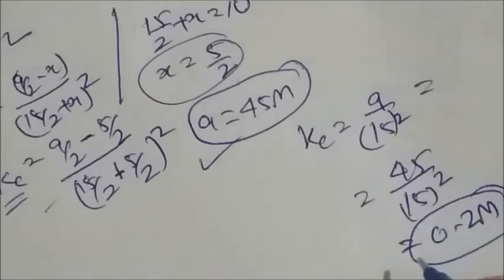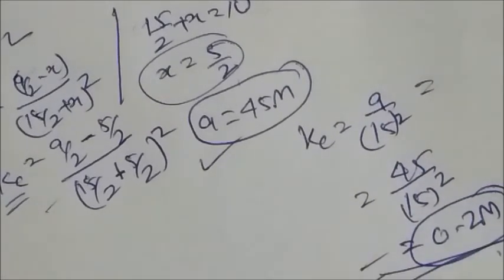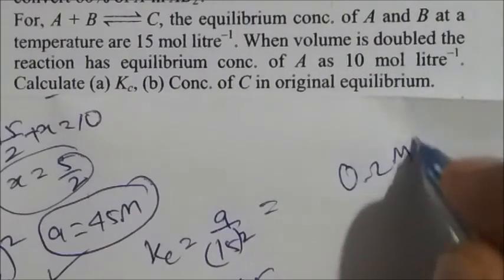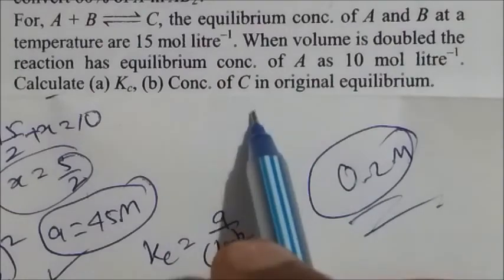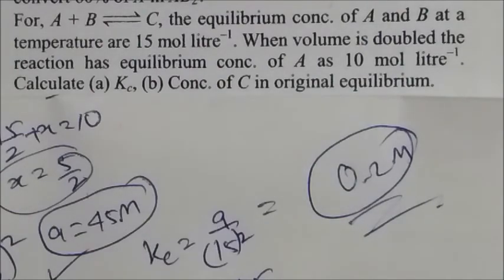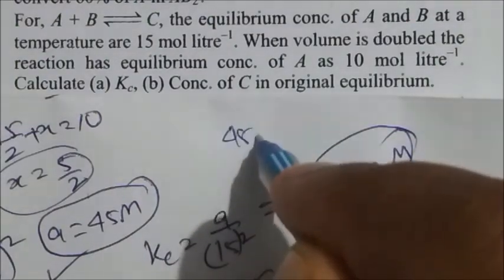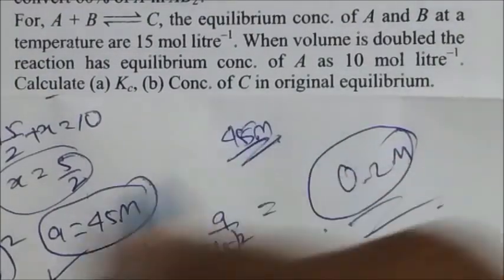So the answer for this question is 0.2 molarity. That is the original concentration of the solution, and in this case, original C is 45 molarity. Already we have found this answer.